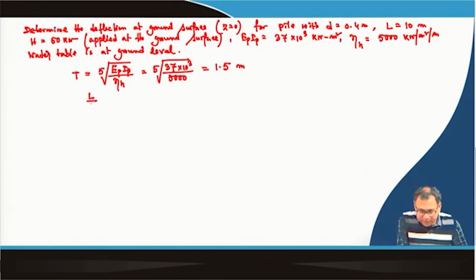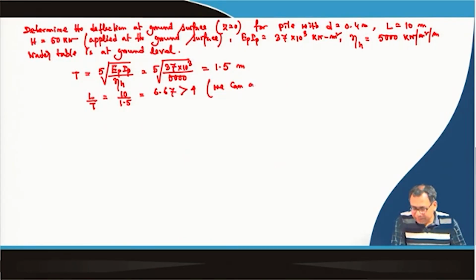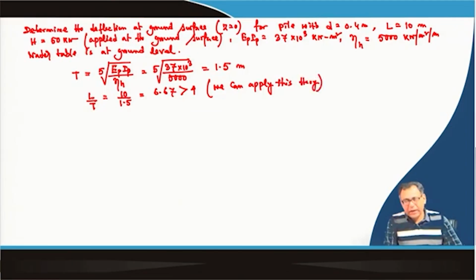Now, L by T is 10 divided by 1.5, which is 6.67, which is greater than 4. So, we can apply this theory.